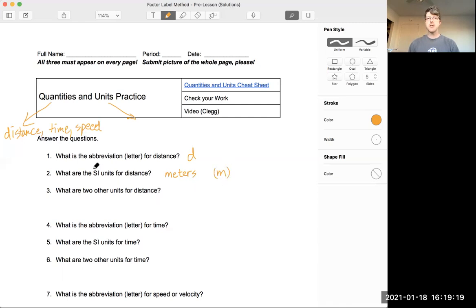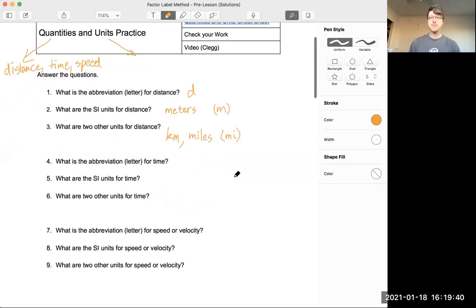Other units for distance that are not the SI units might be kilometers. It's still metric, but it's not the base unit. Miles. So I'm going to write this out. Miles is abbreviated mi, not to be confused with meters, which is just an m. So notice that those are different.